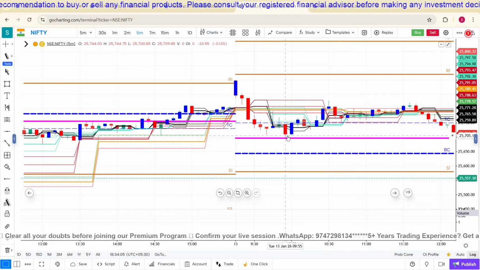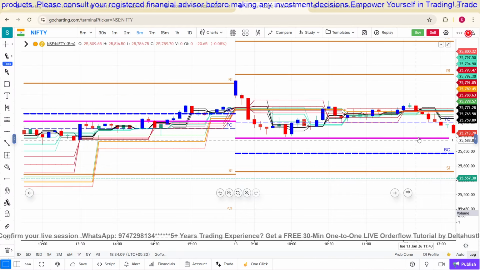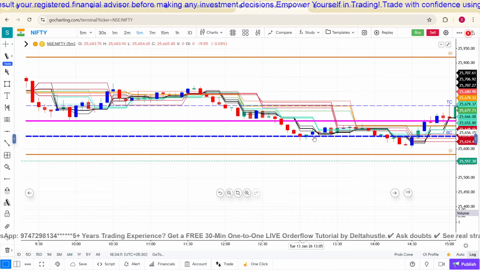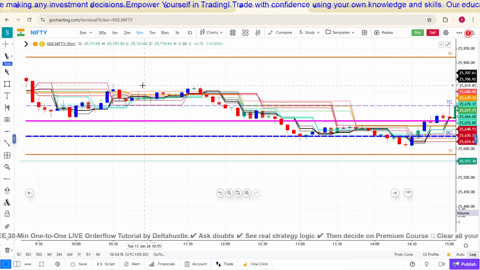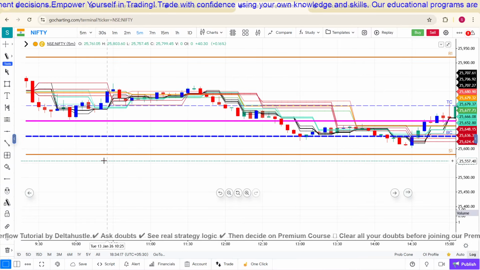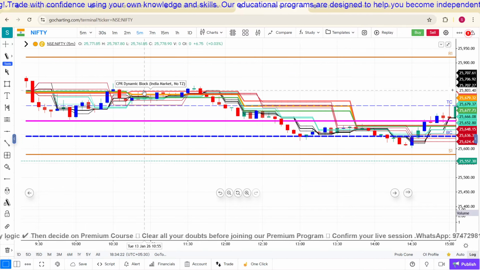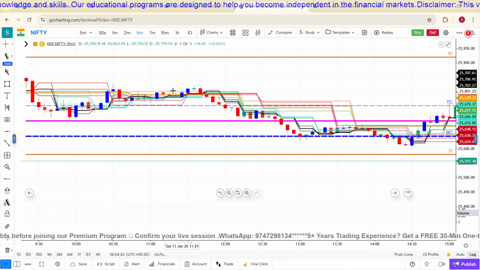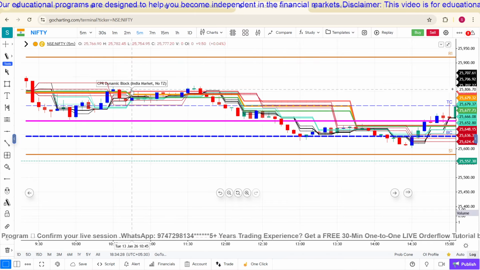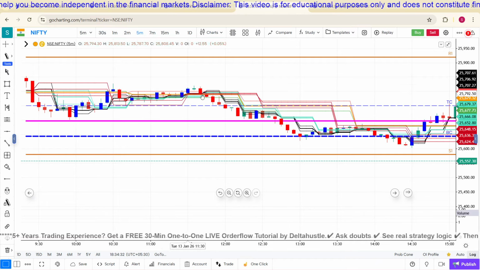That is why, even though it was trading above the CPR, it came down and hit the CPR and went down. And here we never got a chance to enter. And all the time, some higher time frame CPRs were here, overlapping here.